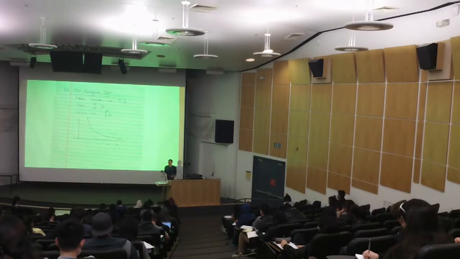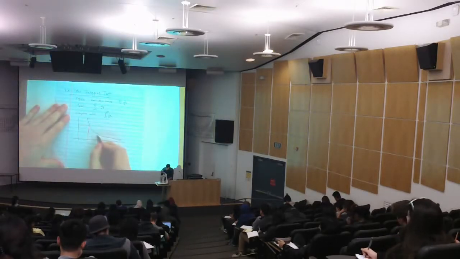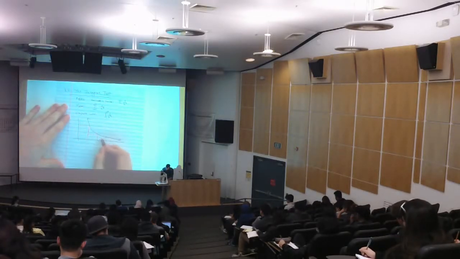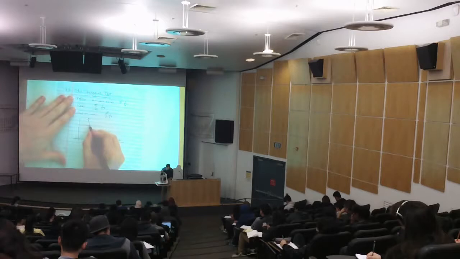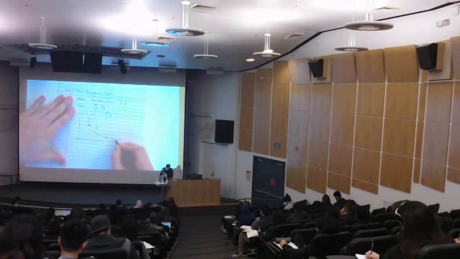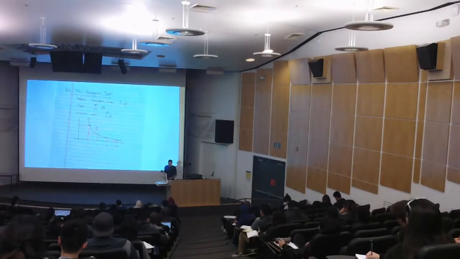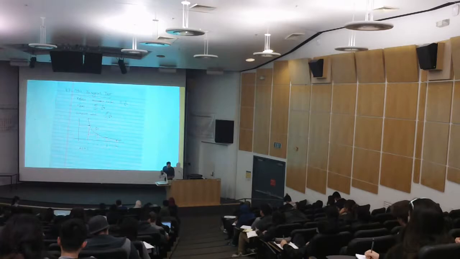So all my rectangles are going to have width 1. And like so, we're going to hit 1 over x squared at these points. And I can just look at the area here.